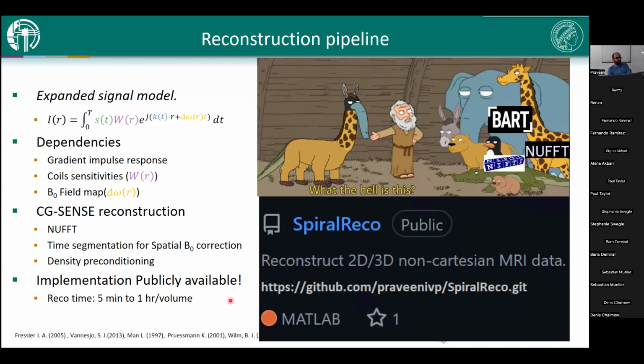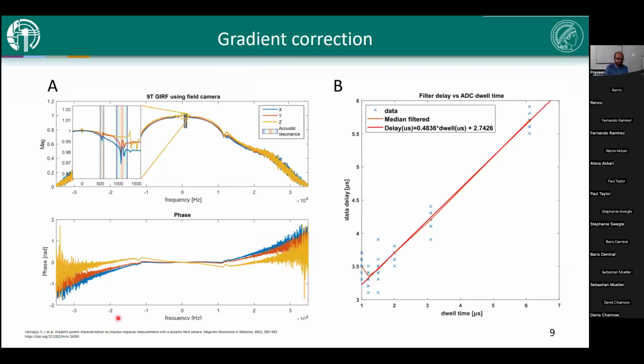Right now the image quality is more or less stable, but the reconstruction time is still 5 to 1 hour for each volume. So we usually do that on a cluster and do different reconstructions in parallel, which we can speed up with some fancy GPU reconstructions.